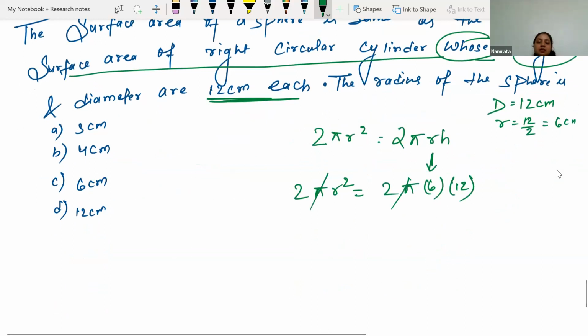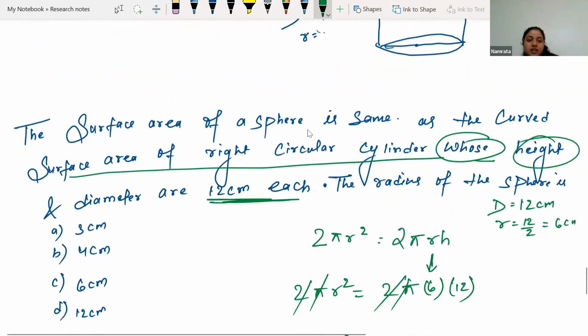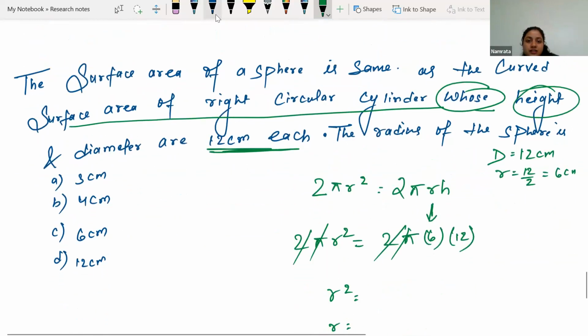Pi gone, 2 gone, r square is equals to... What will be the value of r? Okay, just a moment. Is it the correct formula we have applied over here?